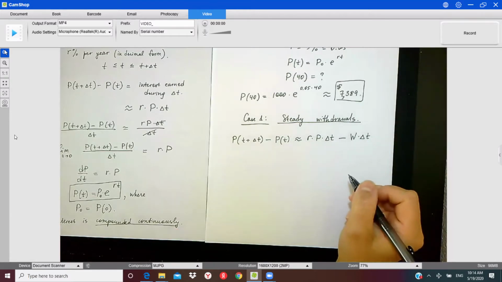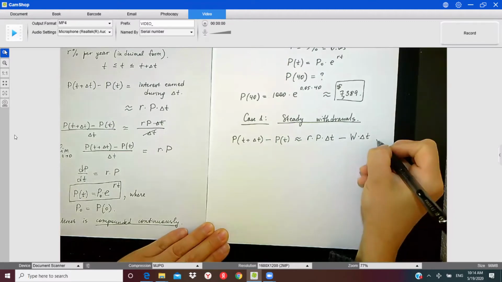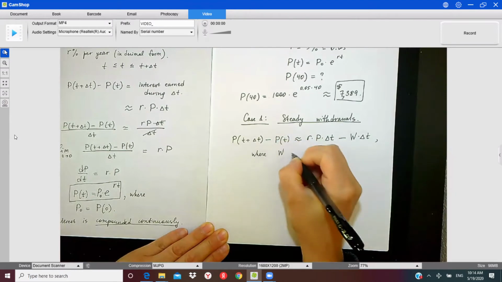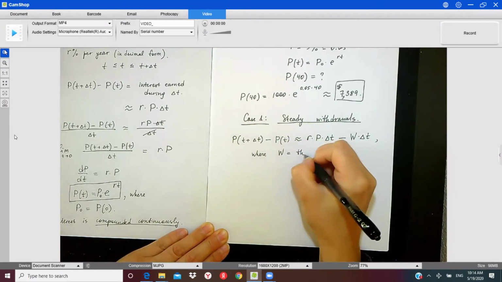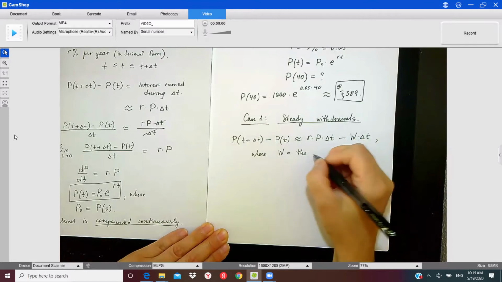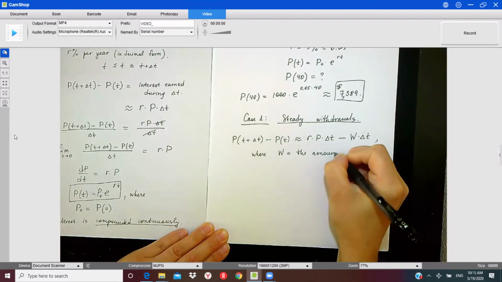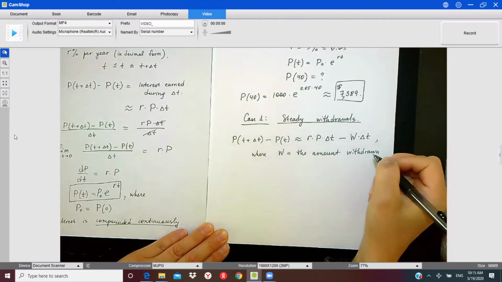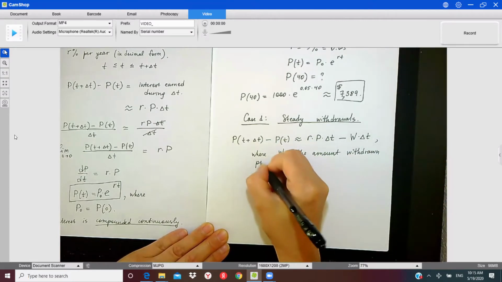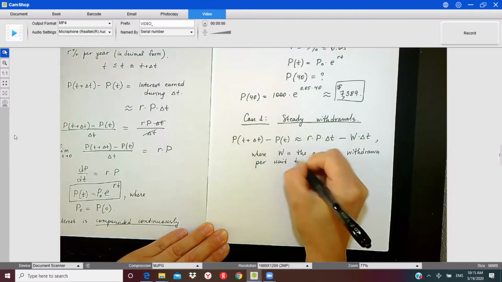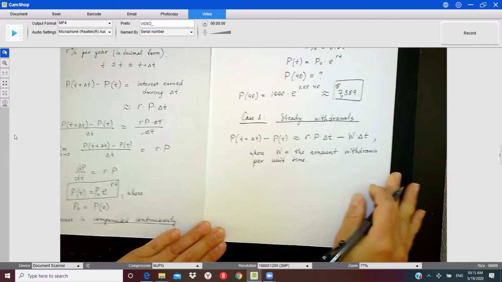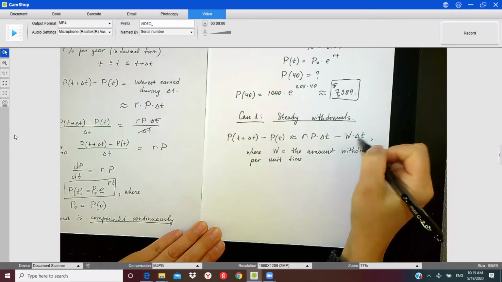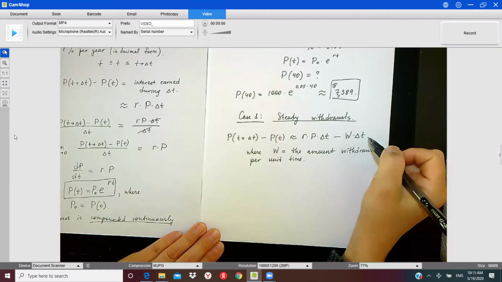So again, W here is the amount withdrawn per unit time, where W is the amount withdrawn per unit time. So the amount withdrawn per unit time times the length of the interval.